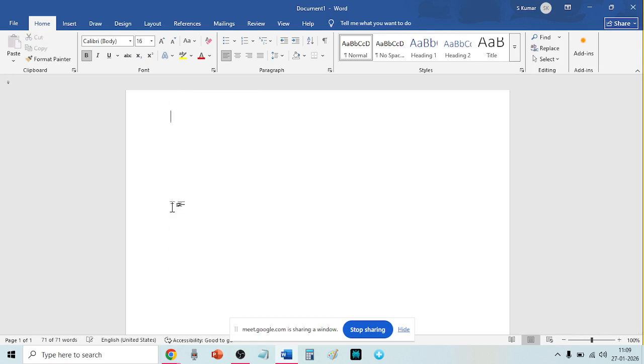Similarly, it might be: show that 3 minus 5 is not equal to 5 minus 3. Name the property.